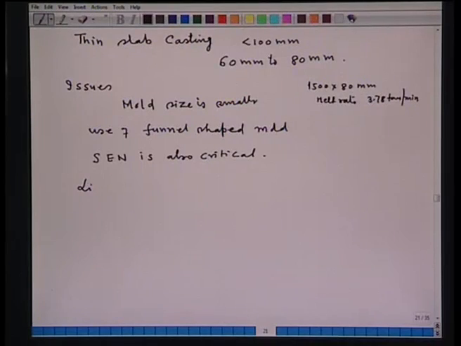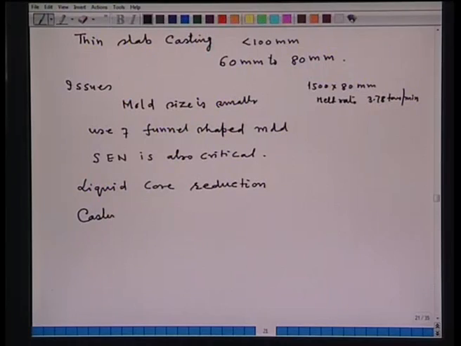So, these issues were solved by developing the so called liquid core reduction. In the liquid core reduction technology, what is done? Solid ingot with liquid core is subjected to online rolling.